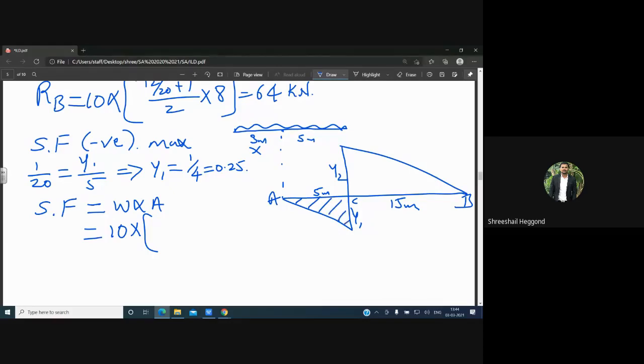Previous one we had here, it is a triangle. Why? Because the applied load is more than the other triangle. Therefore, we have the triangle value, that is half into base of 5 meter and height, that is 0.25.